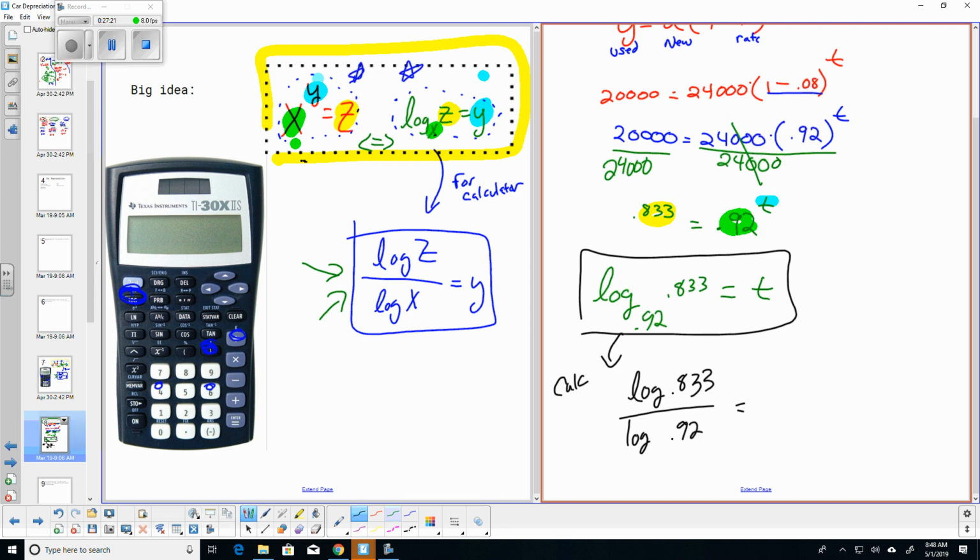So log of 0.833, close it, divided by log of 0.92, and you have to close that parenthesis. If you don't close that parenthesis, you get the wrong answer. I get 2.19 years. There you go.